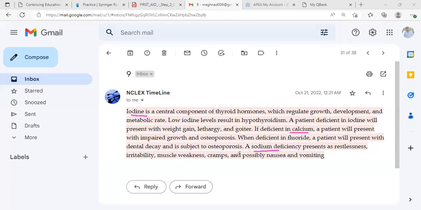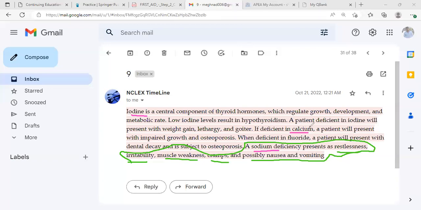So if the NCLEX board asks if a patient presents with sodium deficiency, what should be the presentation? Patient complains of restlessness and irritability, muscle weakness, muscle pain or cramping, and possible nausea and vomiting. So if your patient presents with these signs and symptoms, I can easily say this is sodium deficiency.